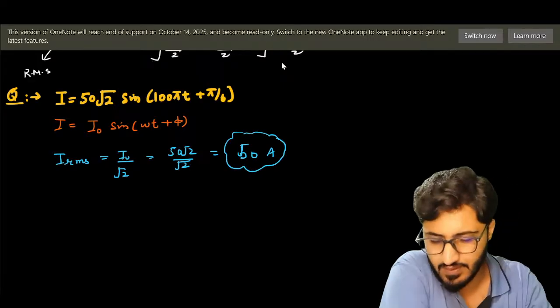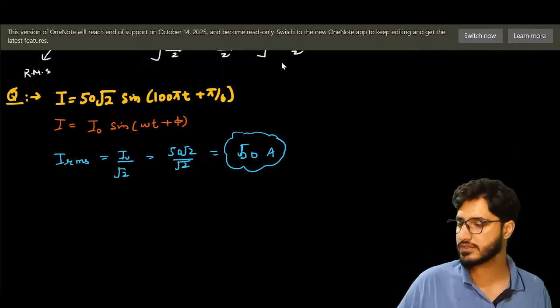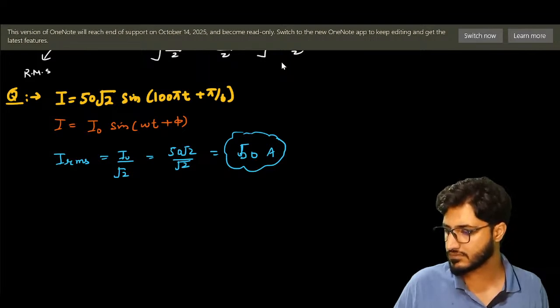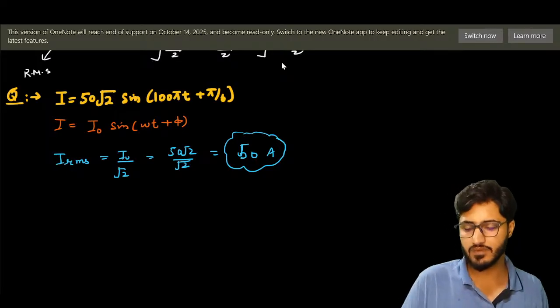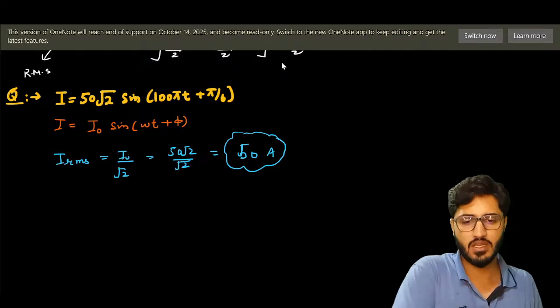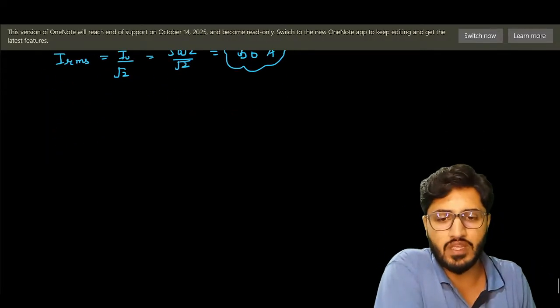This is a shortcut way. If we have anything in this form, we can use the formula directly. We can easily use it, no? Done, beta? Okay. Now let us suppose we have V versus time.